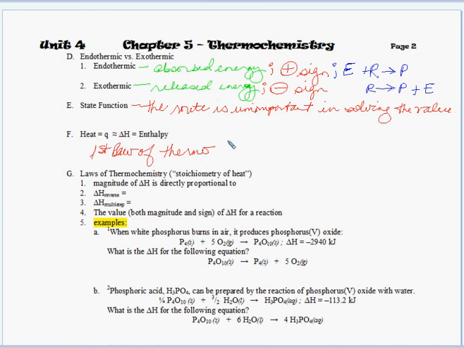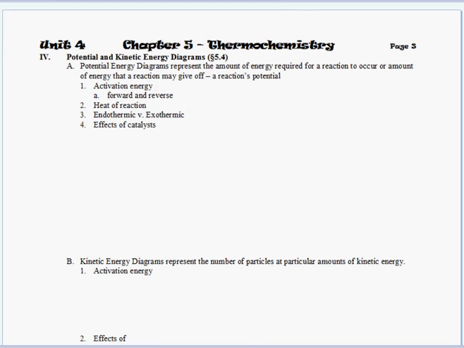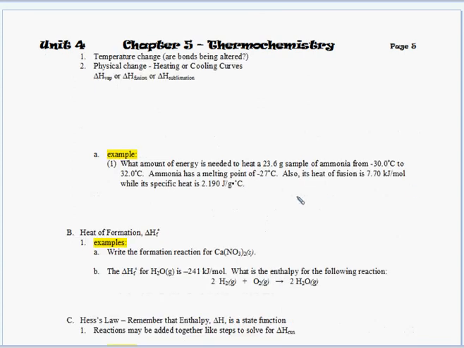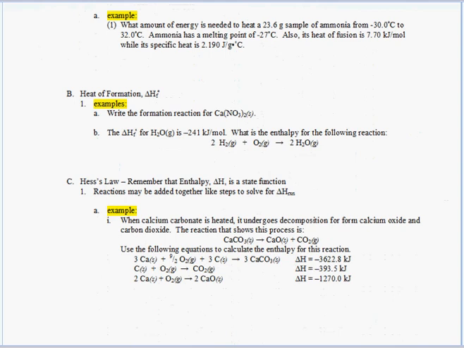So what we do want to do is jump down to a very important concept, and that is going to be heats of formation. So this is page 5. And the heat of formation is probably the biggest idea that you're going to have this entire unit.